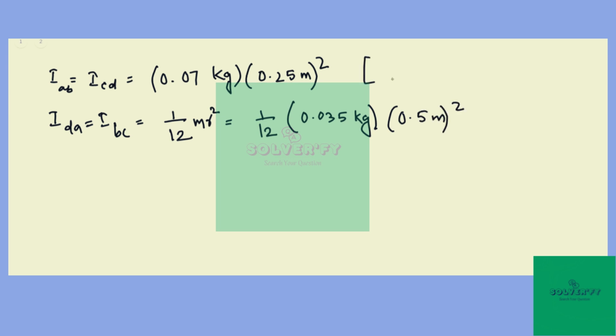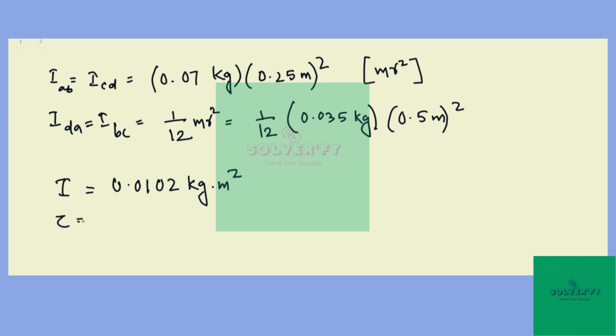And this is the moment of inertia of a point mass, which is mr squared. The total moment of inertia will be a sum of all of these: 2 times this value plus 2 times this value, because these two are equal and these two are equal. This comes out to be 0.0102 kg meter squared.